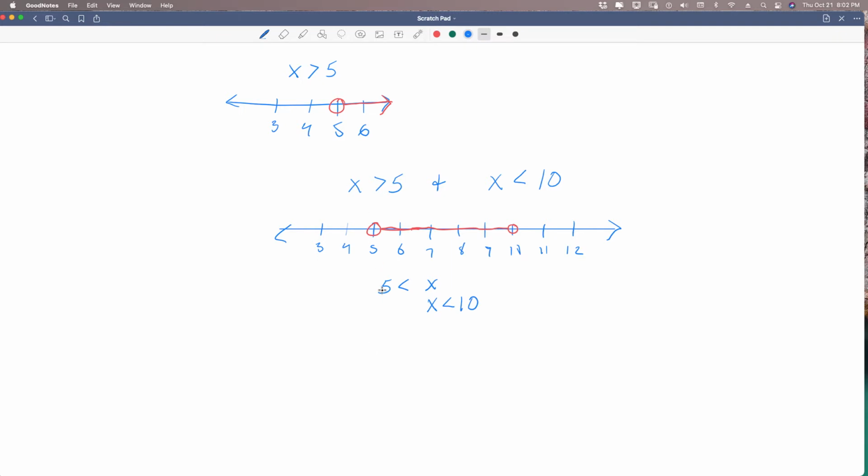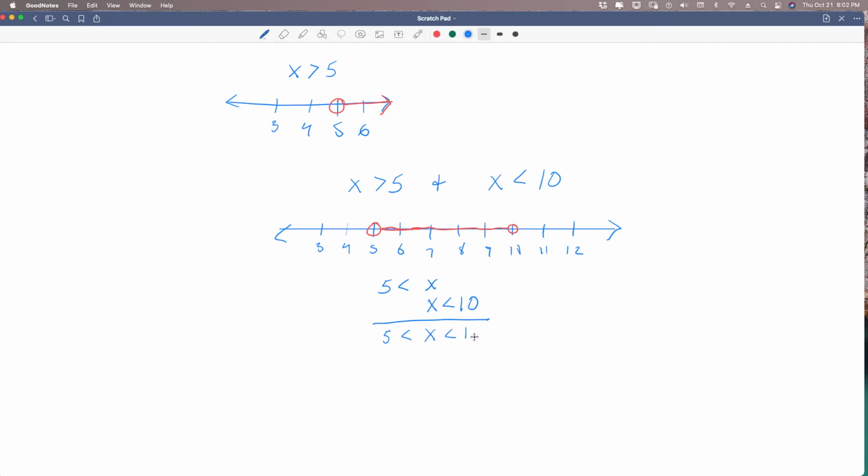So we have these two things that are true. We know that 5 is less than x because this says that x is greater than 5. So saying that 5 is less than x is the same thing. It's just the flip. We just flip the sign. So now we can draw a line underneath and we can bring it all down, just like adding it together in a problem.